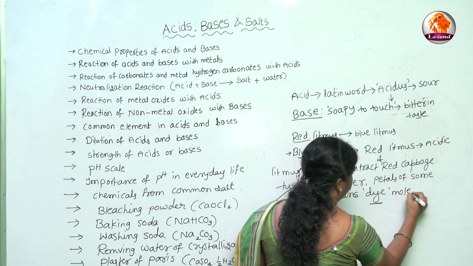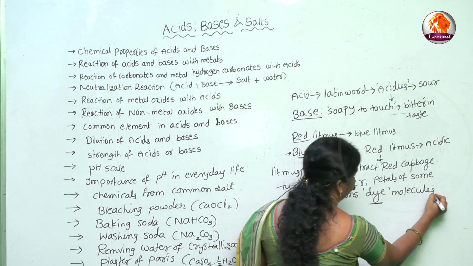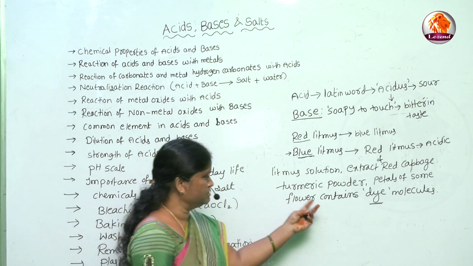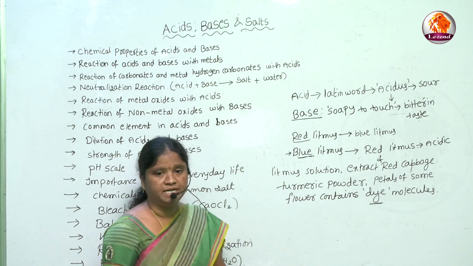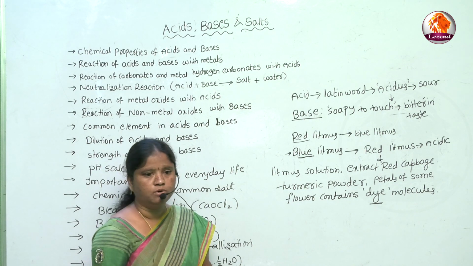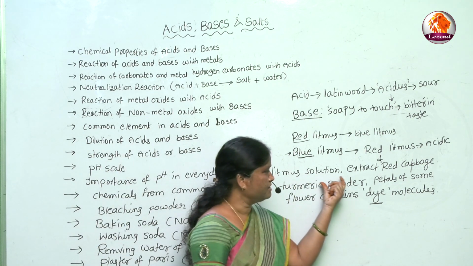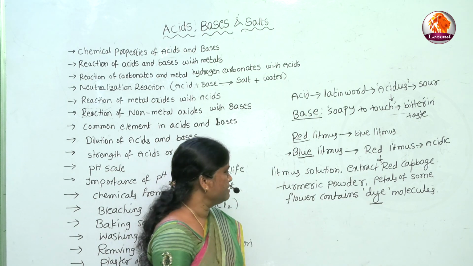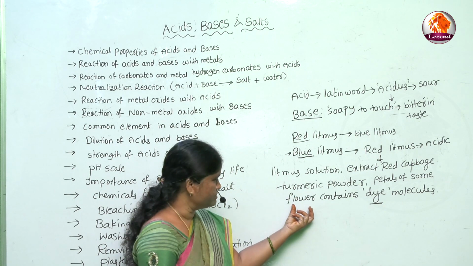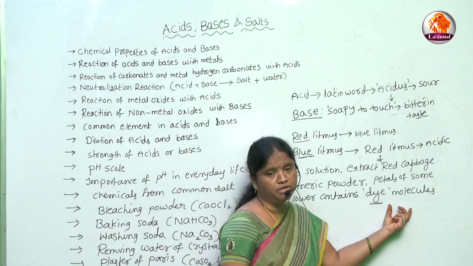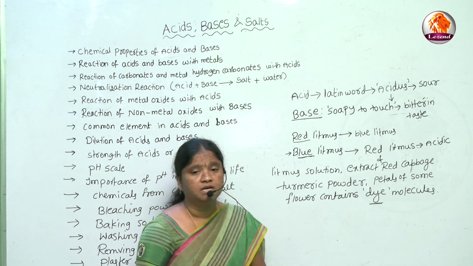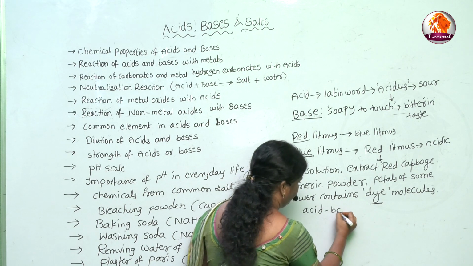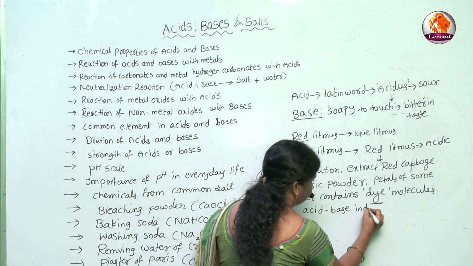So there are many natural indicators like petals of hibiscus flower, mango leaf, or olive oil, like litmus solutions, extract of red cabbage, turmeric powder, petals of some flowers which contain dye molecules, which we can use as acid base indicators.